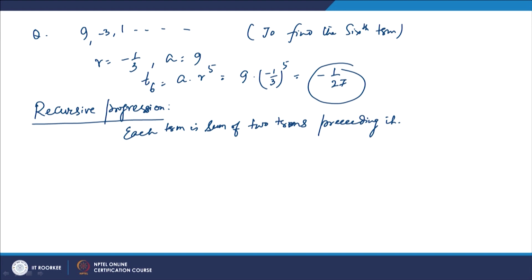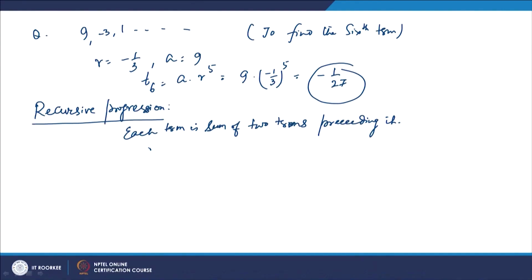In these cases, if you know the two terms, then you can predict the third term. Rather than using a common difference or a common ratio, here you have to know the first two terms, and this way you find the next term.